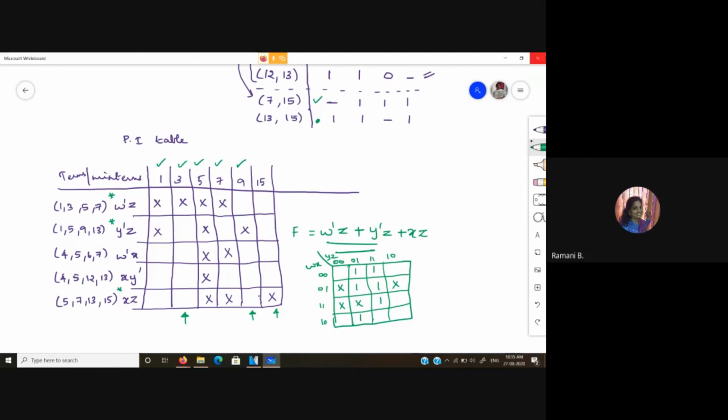With respect to this, if we are forming the groups, you will have this particular quad, Y bar Z, then this particular quad. You may tend to take this particular quad, however that will not cover the minterm 3, so we will go for this particular quad. So you have W bar Z, and this particular quad to cover 15, which gives me X Z.